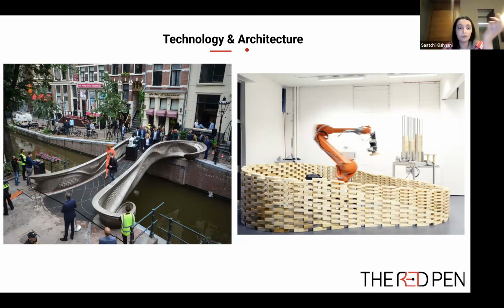You'll be using the laser cutting, you'll be using the robotics studio, etc., and CNC, and all of these beautiful technological advancements that probably someone who studied architecture 50 years ago did not have access to. On the right, you would see an entire pavilion being constructed by a robotics arm. So all that software is integrated with the robotics arm, and it automates the entire construction process.